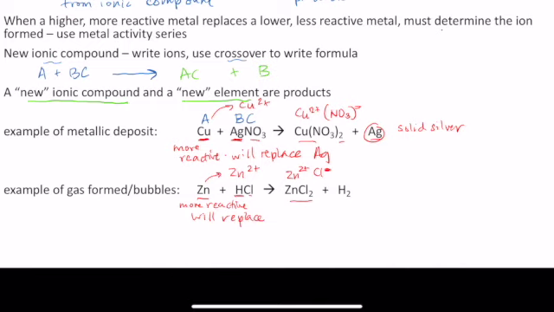You have the chemical formula ZnCl2, and then the hydrogen ion is not just going to revert to H, because hydrogen is never just an element on its own. It's one of those that's always diatomic. If hydrogen has other hydrogens around, it will always bond and be present as H2. H2 is not a solid. This is a gas in its natural state, and that's why we can see bubbles in that reaction.